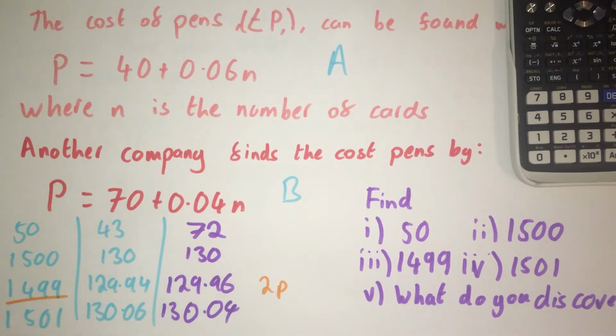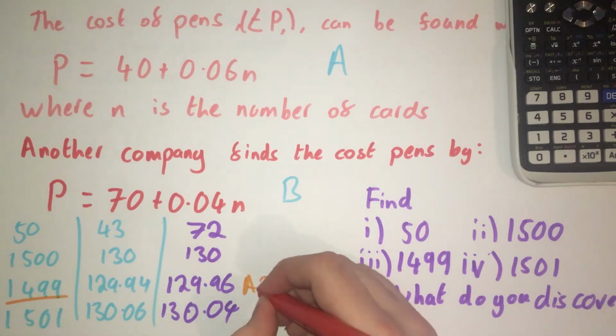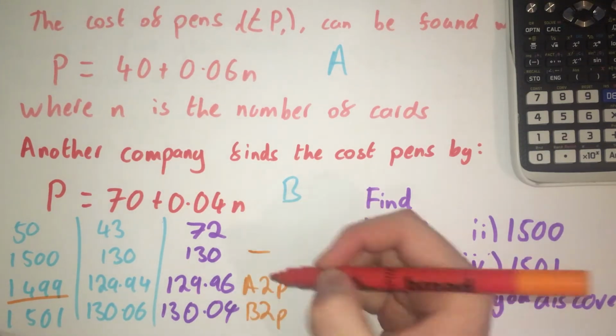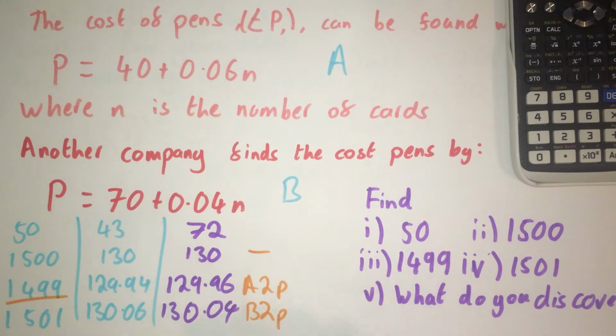But if we look at 1,501, we can see that company B is cheaper by 2p. Then if we look in between, at 1,500, they're the same. So we can say that after 1,500 cards, company B is cheaper, but anything before 1,500, company A is cheaper.